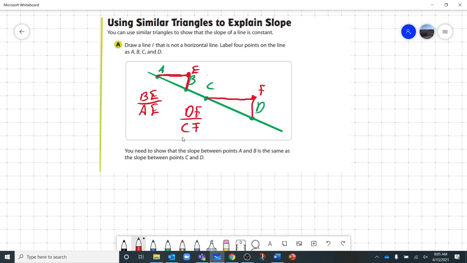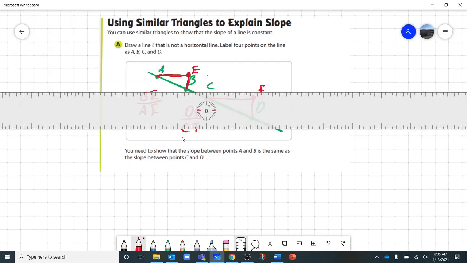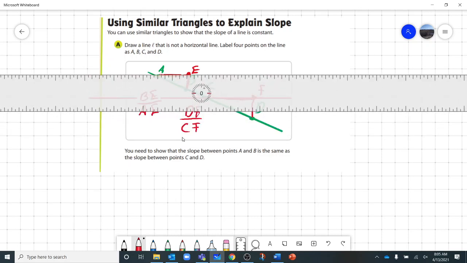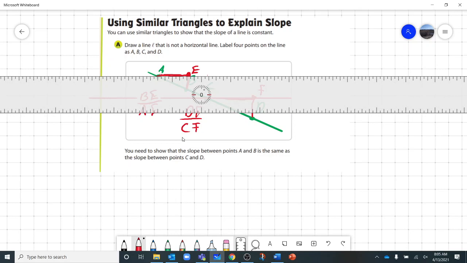Okay. We could extend CF and AE. I guess we'll do that. If we look at that, these are both parallel lines, right? I'm going to try and not cut through my stuff. They're both horizontal lines, so they're parallel.